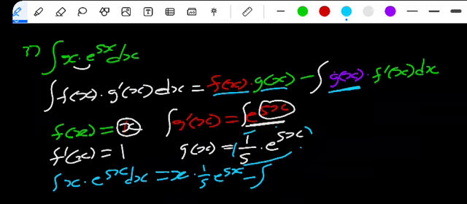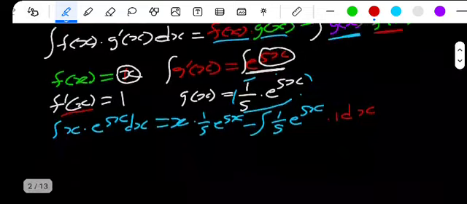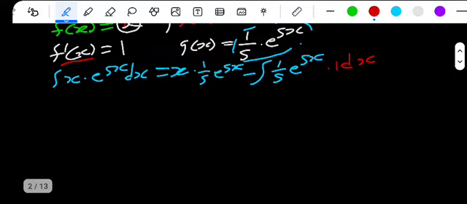G of x is 1 over 5 e raised to the power of 5x, then multiplied by f prime, there it's 1. As you can see, that is simply 1 multiplied by 1. We have our dx there. So all right, this is what we have.